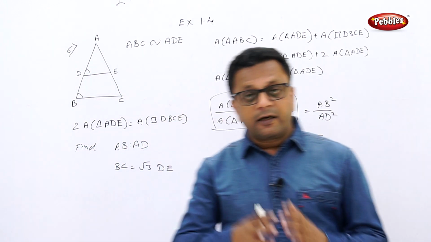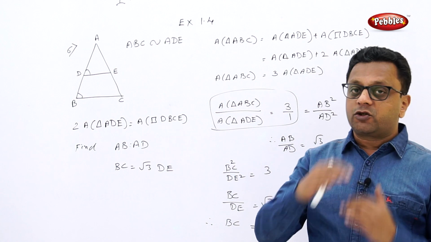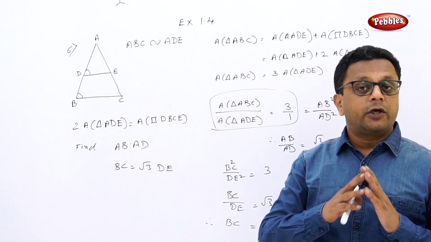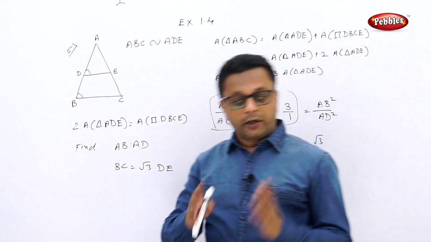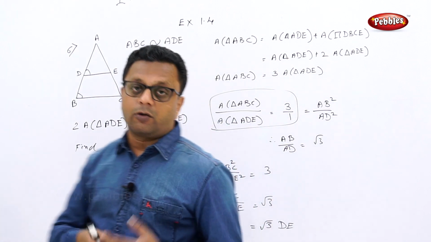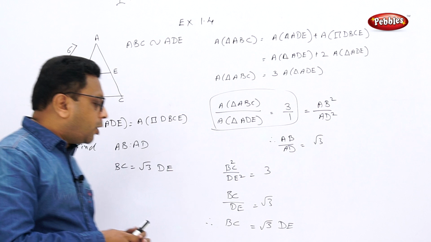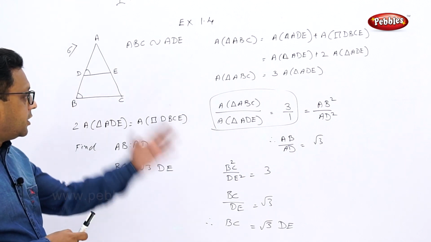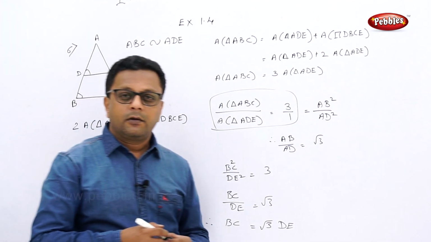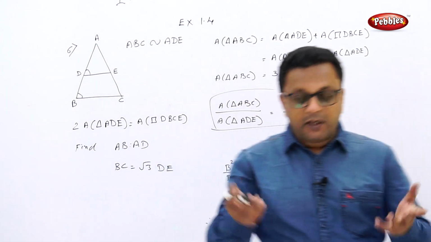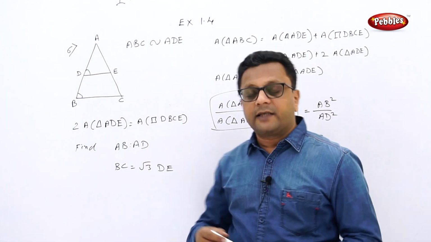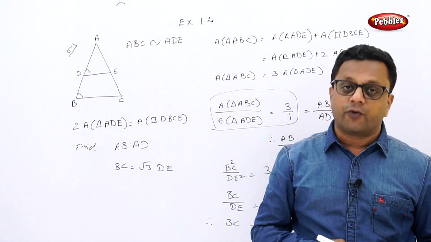So unless and until you prove that these two triangles are similar, you cannot apply those theorems or the postulates or the ratios directly. So please pause your video and solve this example after finishing this video, maybe, because this was the last example of exercise 1.4.